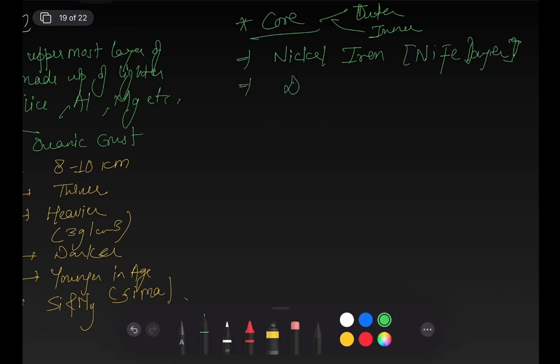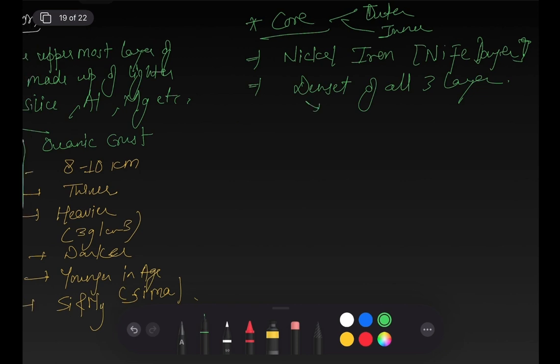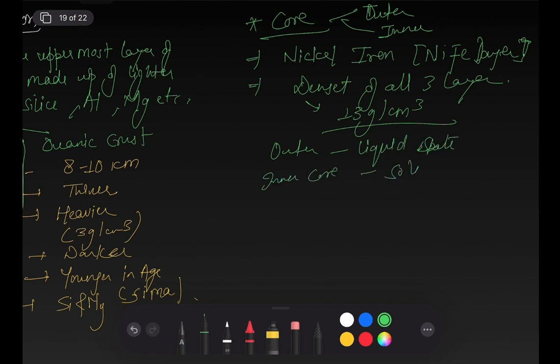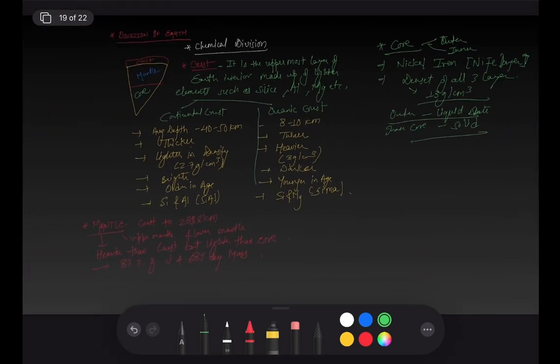Core is the densest of all three layers. Density of core is double that of the mantle, nearly 13 gram per centimeter cube. Outer core is in liquid state, while the inner core is solid. This is the chemical division of the Earth's interior.